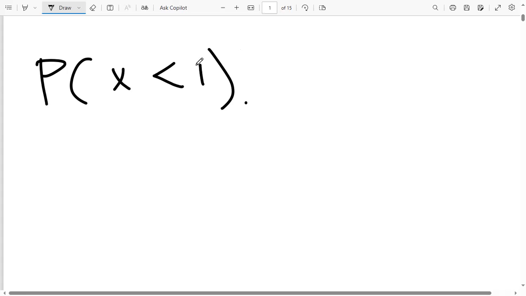If you're given a probability that is direct to the point, then you can substitute directly. But because this is a continuous random variable, we are going to use the cumulative distribution to find this probability.